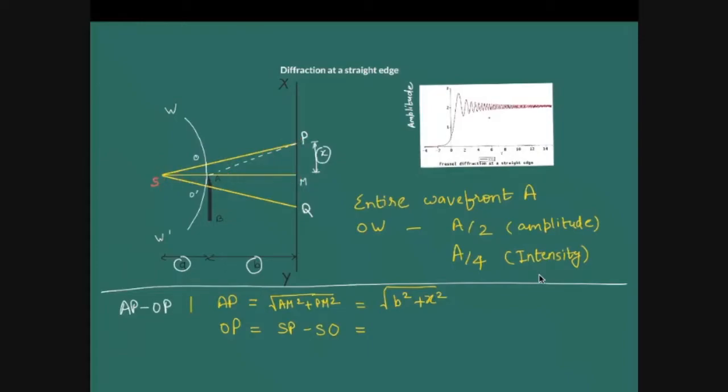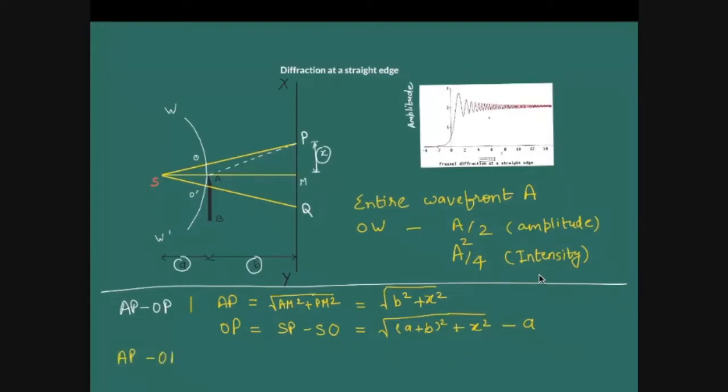So SP would be root of (A plus B) whole square plus X square, minus, what is SO? SO is only A. Clear?